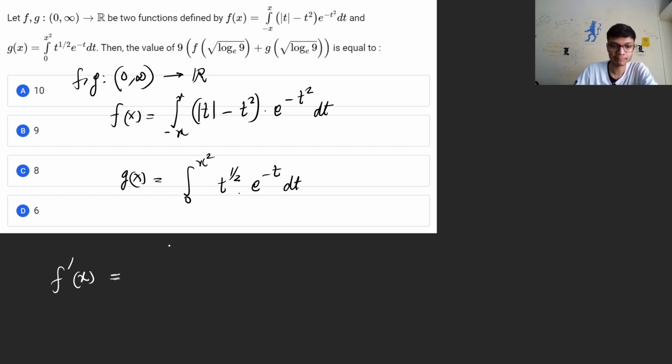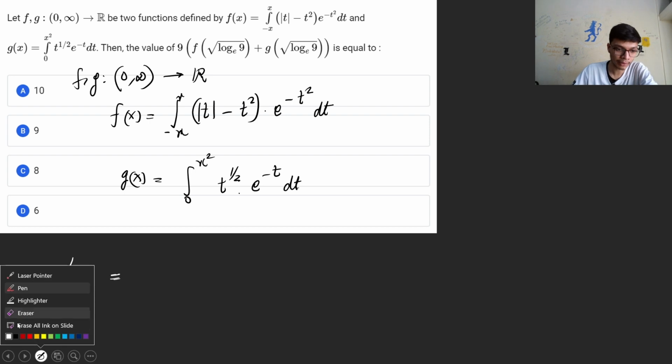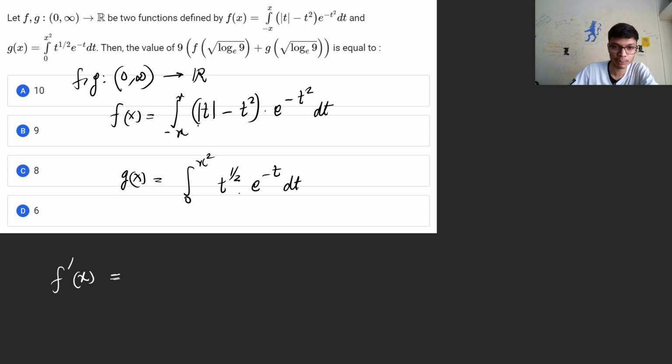Before applying the Newton-Leibniz rule, let us understand that mod of t minus t square into e to the power minus t square is an even function. So replacing minus x to x with 2 times the integral from 0 to x is not a big problem.